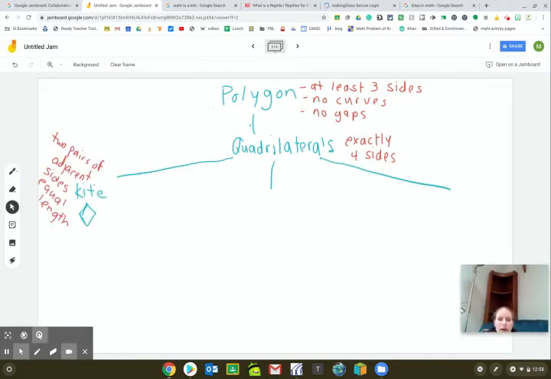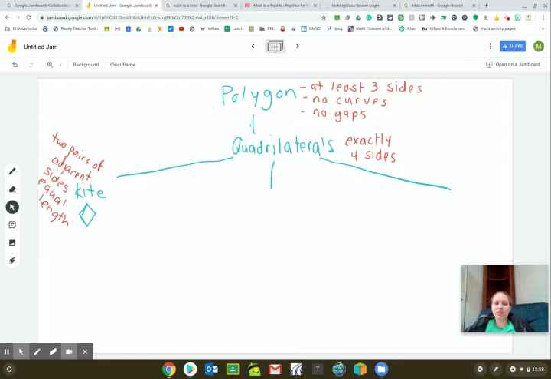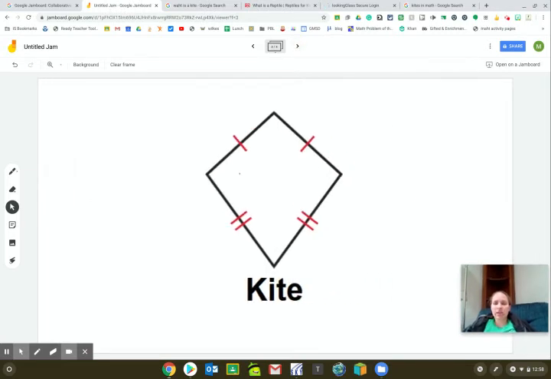The first quadrilateral that we're going to talk about is a kite. What makes something a kite is that there are two pairs of adjacent sides that are equal in length. You might ask me, what are adjacent sides? Adjacent sides are sides that share a vertex or a corner. Let me show you here. The adjacent sides here are the same length.